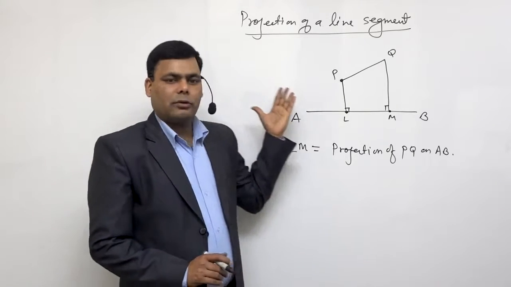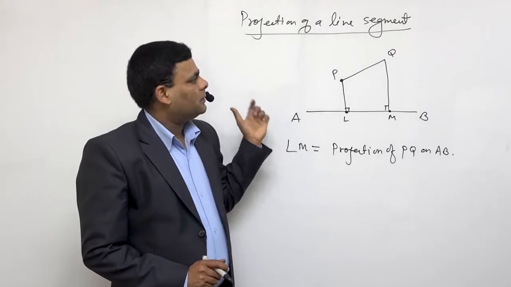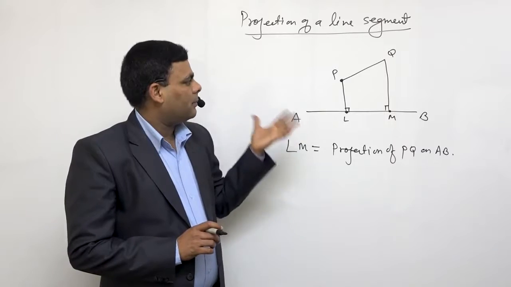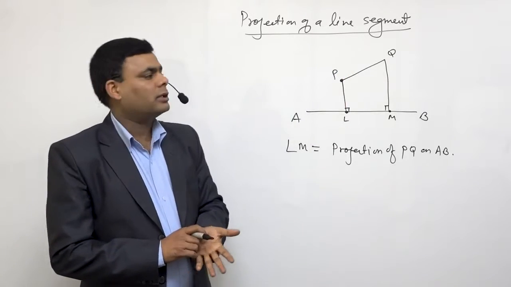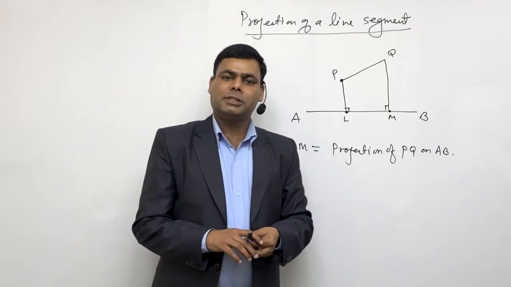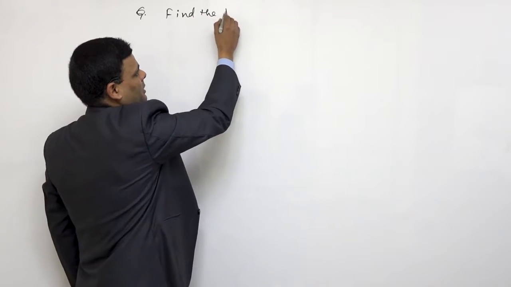Now we are going to find the projection of the line joining the points P x1 y1 z1 and Q x2 y2 z2 on the line AB whose direction cosines are given.